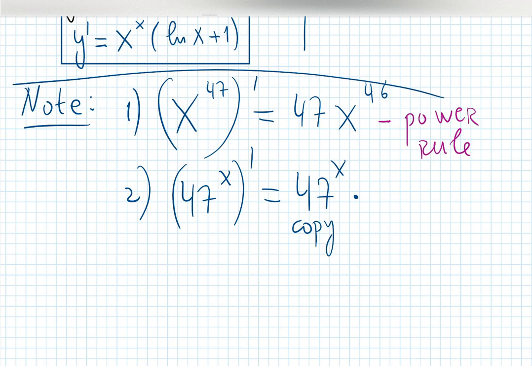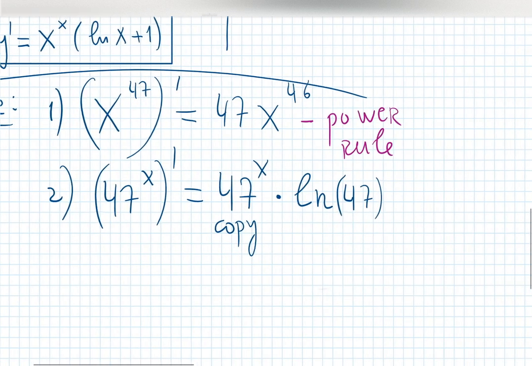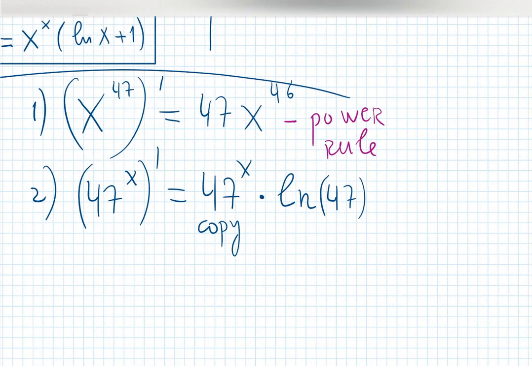But if you don't have e to the x, but it's 47 to the x, then don't forget to multiply by natural log of the base, which is natural log of 47. That's the formula for how to differentiate exponential functions with different bases. The rule for this is called derivative of exponential function.